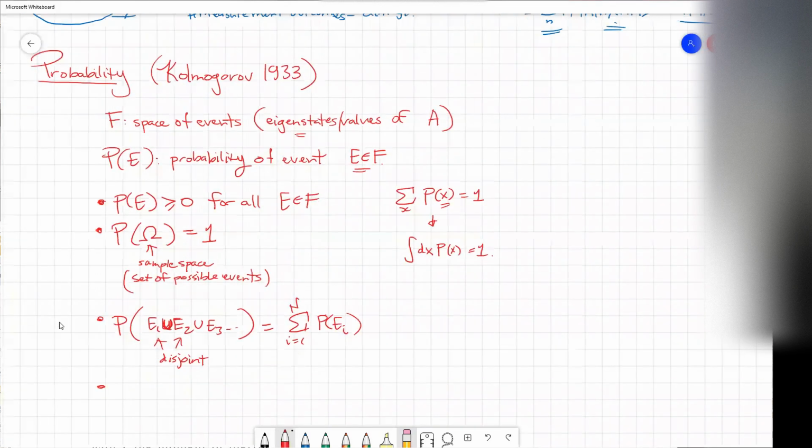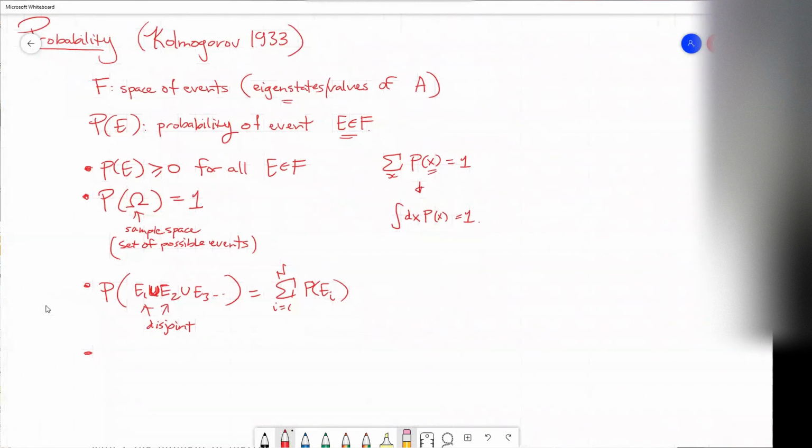And then there's a last point which sometimes comes up when dealing with probabilities: if you want the probability of some event E given that some other event happened, which I would call E bar maybe. This is the probability that you find outcome E, given that some other outcome happened for some other thing.